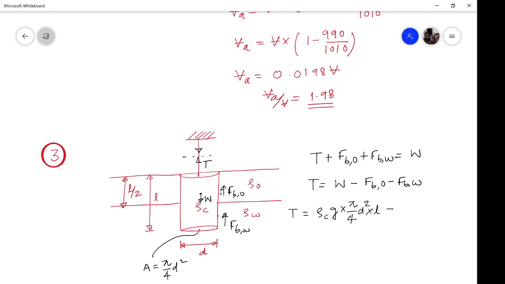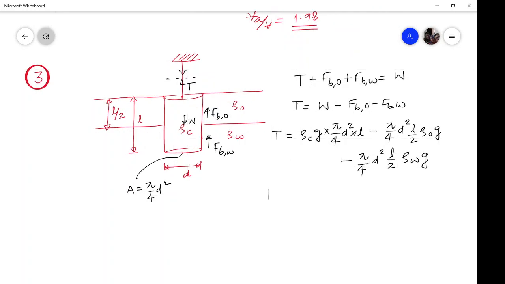So the volume of oil displaced is pi by 4 d square times L by 2, times rho of oil g, minus pi by 4 d square L by 2 rho of water g.